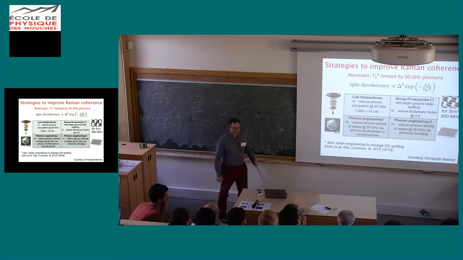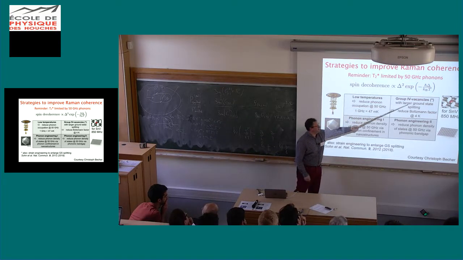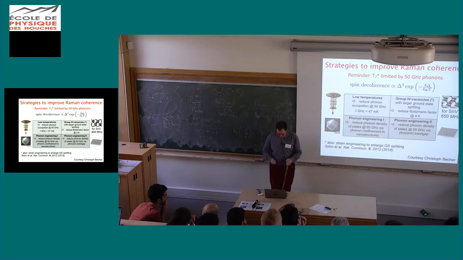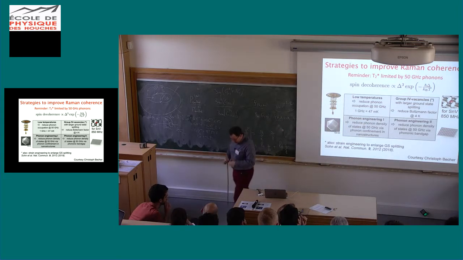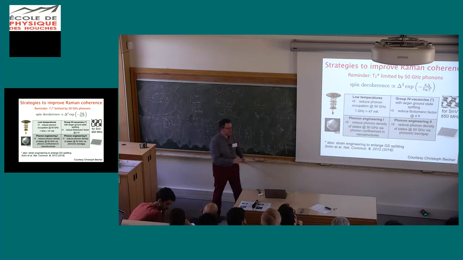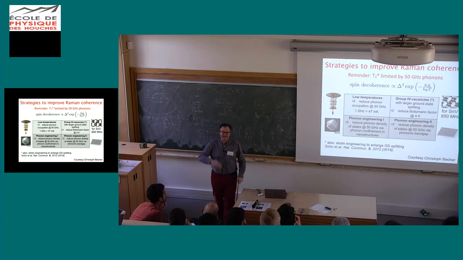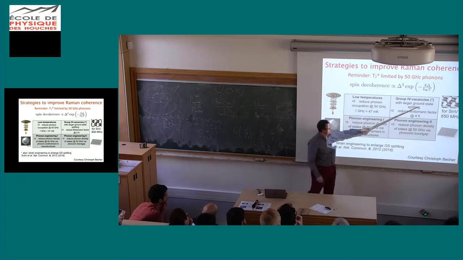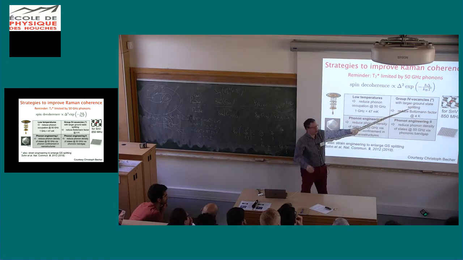The other possibility is to go to another system. If you put heavier atoms in the lattice as the impurity, not silicon, but germanium and even tin and even lead, then the ground state splitting will be much larger.